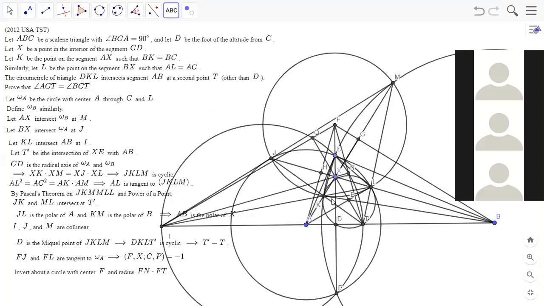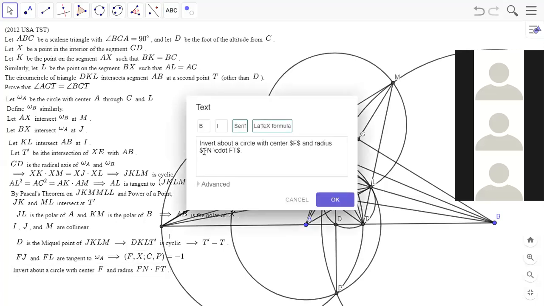It swaps C and P, and swaps X and D because D is the midpoint of CP. So it swaps C and P, right? Yeah.